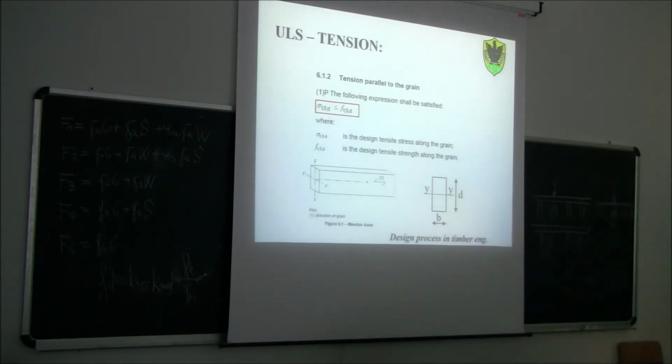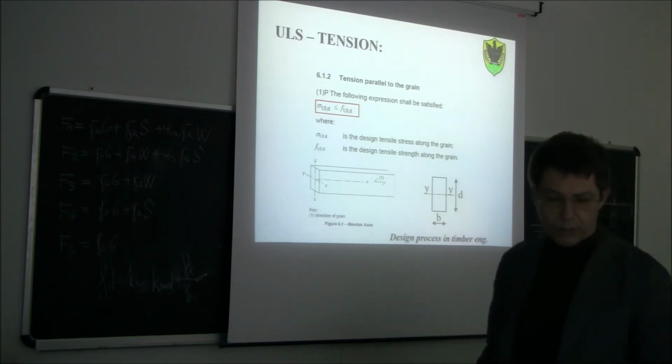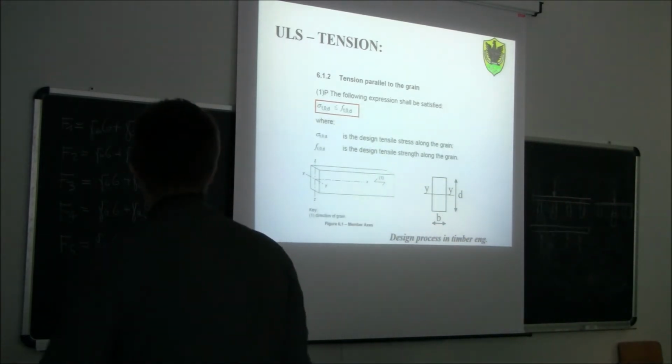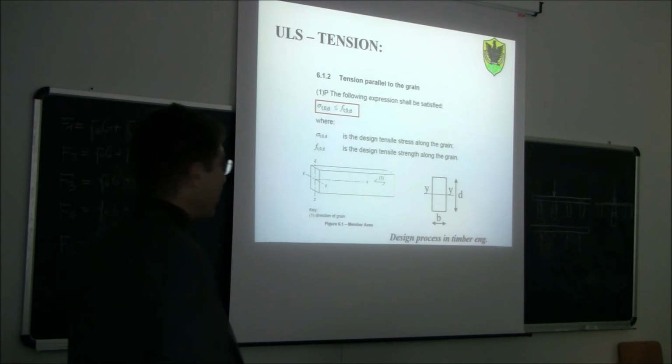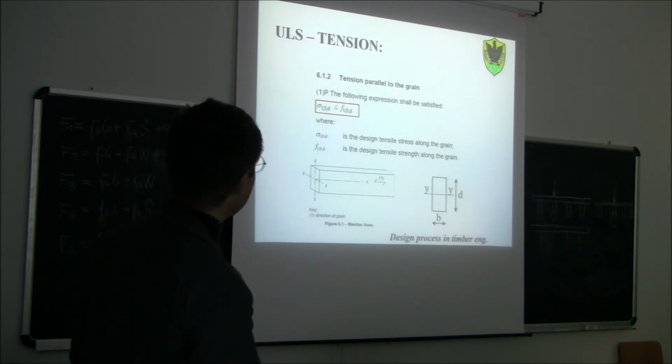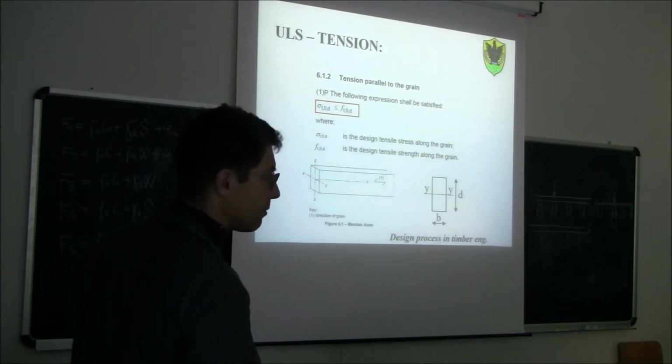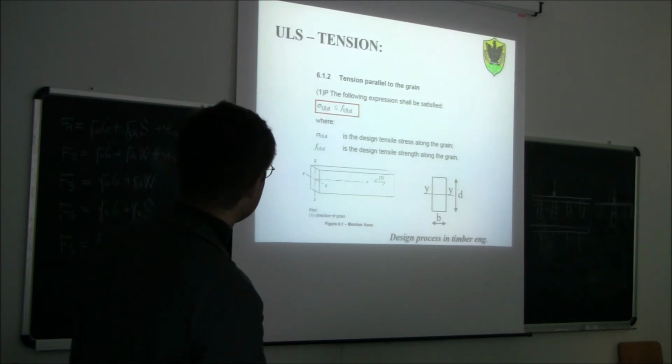Now we need to consider all the different cases of the design problem, to see how we can adapt those cases to the case of timber. So, first case, tension parallel to the grain. We need to calculate the strength demand, so sigma_t,0,d.